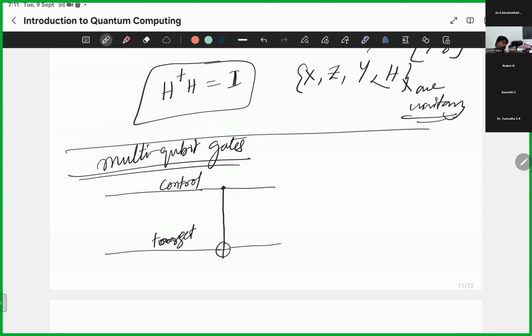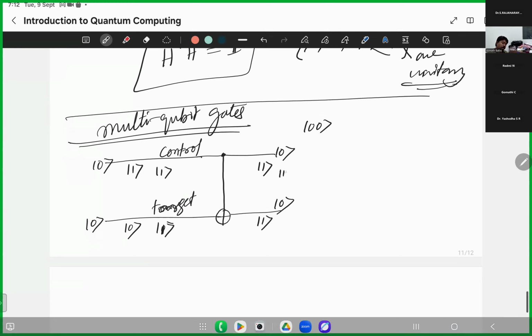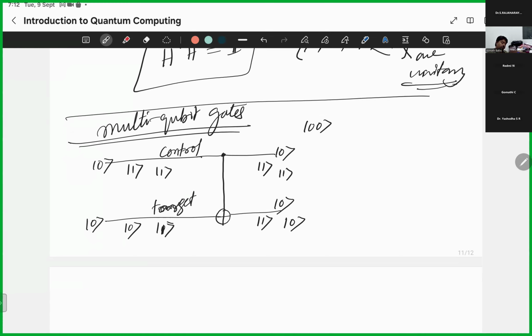What I mean is, if I send 0, 0, there is a 0 here and a 0 here, there should not be any action. Okay. If I send 1, 0, the control should remain and the target should flip. Similarly, if I send 0, 1, this one should flip.